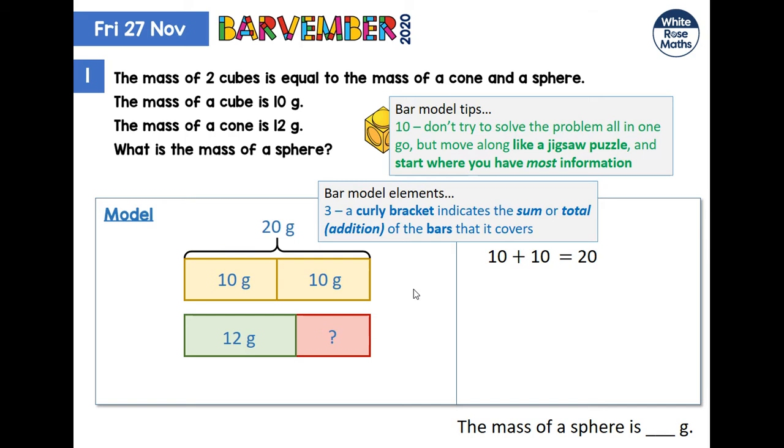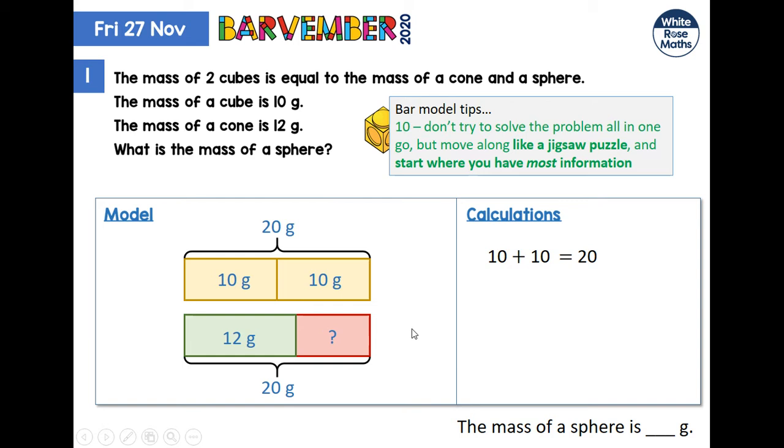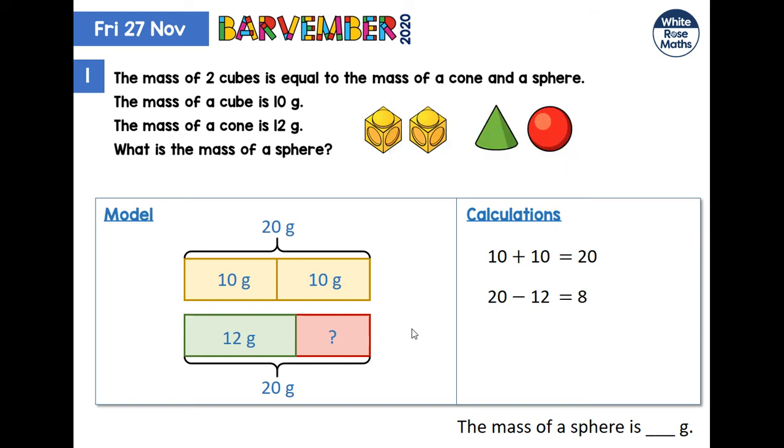We've added those up. And remember, our two bars are the same. So our bottom bar equals 20 as well. And I think we can now see through how to complete our maths. And there we go.